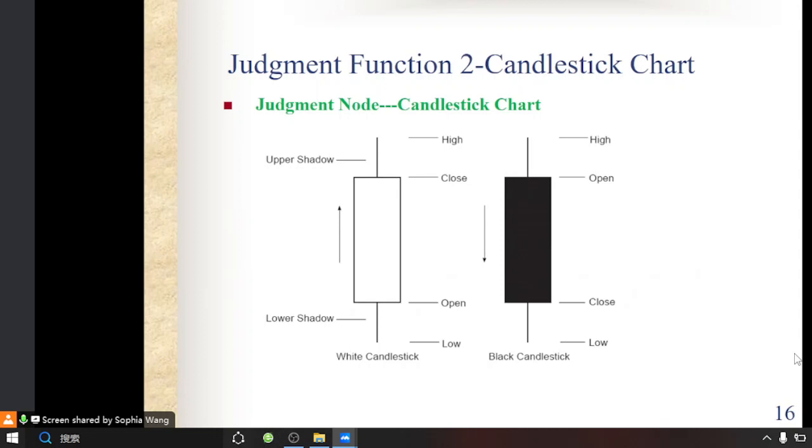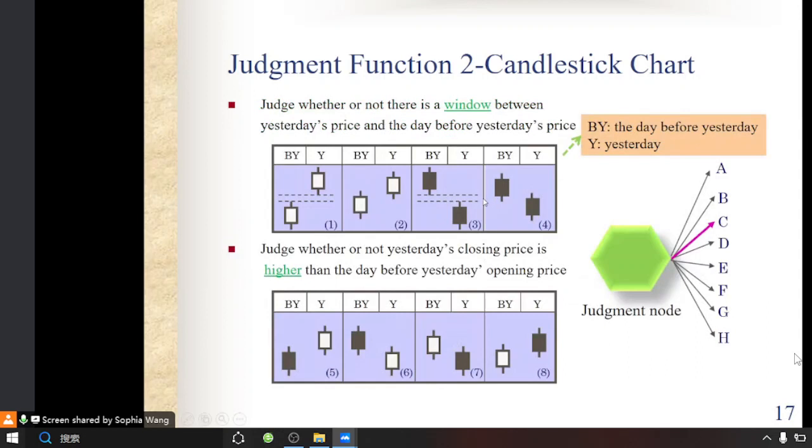Okay. And of course, if you get information from one stock, you can judge which kind of shapes it has.